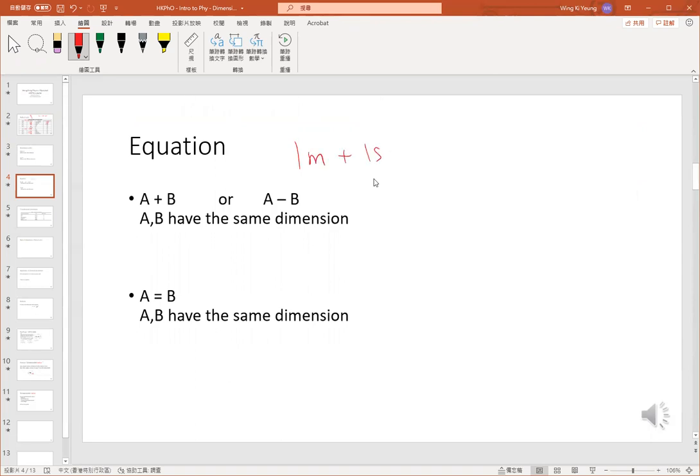It's invalid, or meaningless. You can call it dimensionally invalid. And also, 1 meter cannot be equal to 1 second. It's also dimensionally invalid. This is what you need to bear in mind.